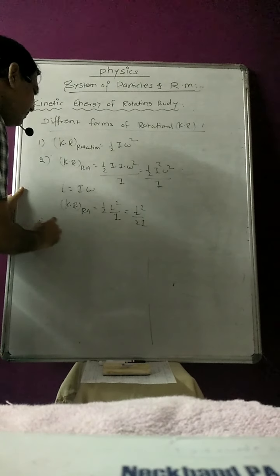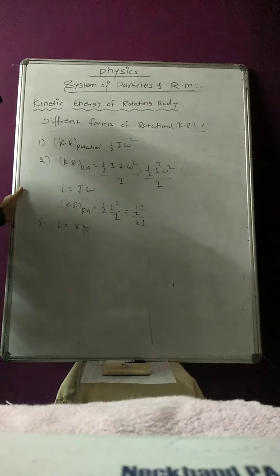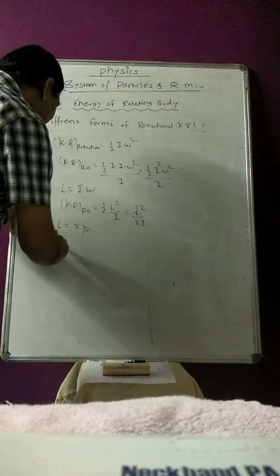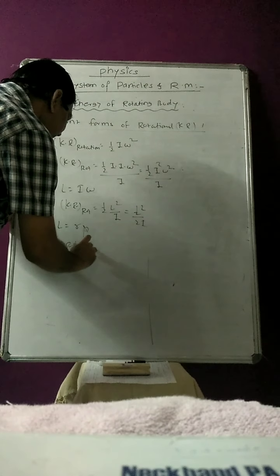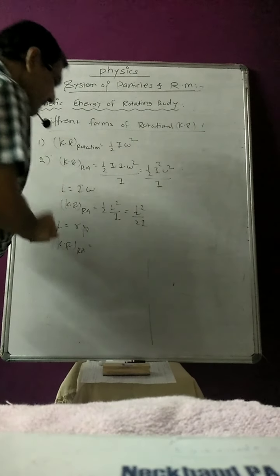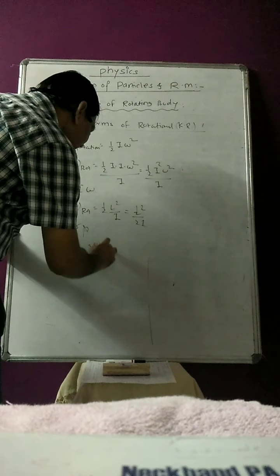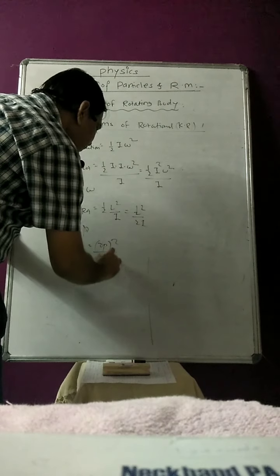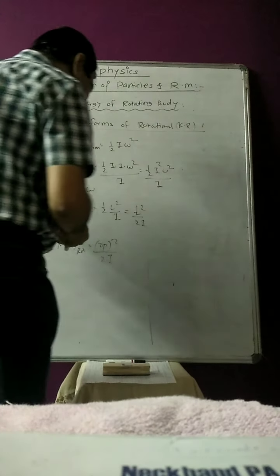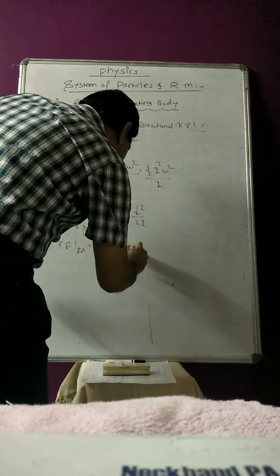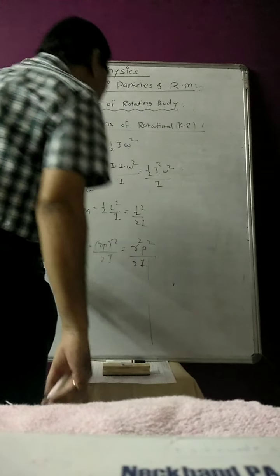The third form, in terms of L equal to r into p. If I put r into p, then kinetic energy of rotation can be written as r p whole square upon 2I, so this can be written as r square p square upon 2I.